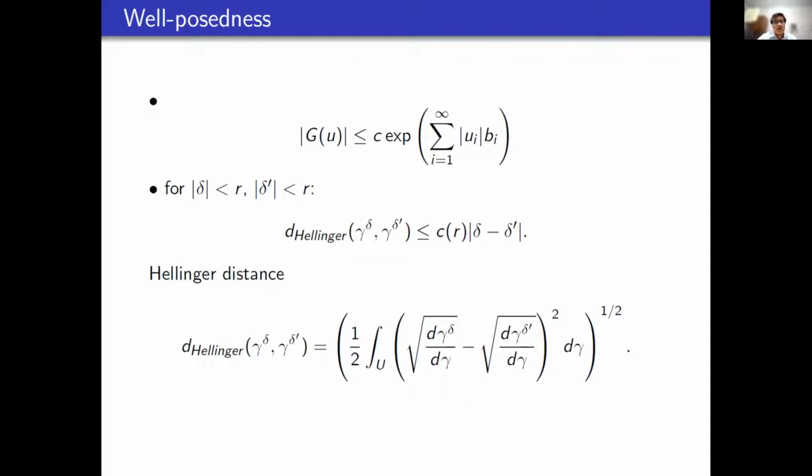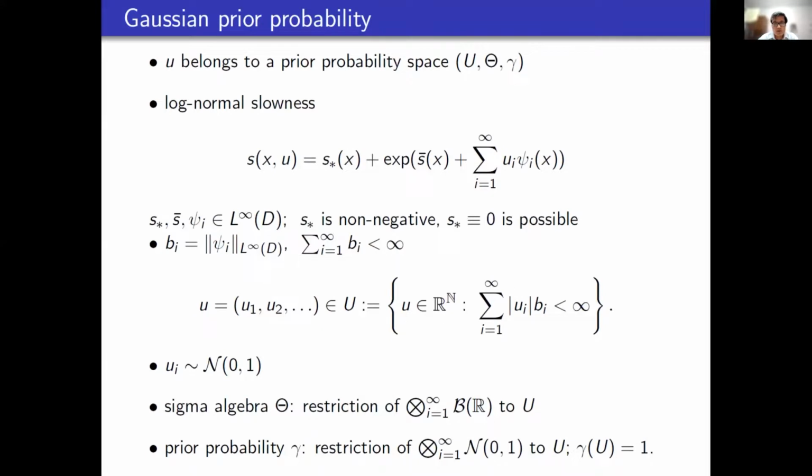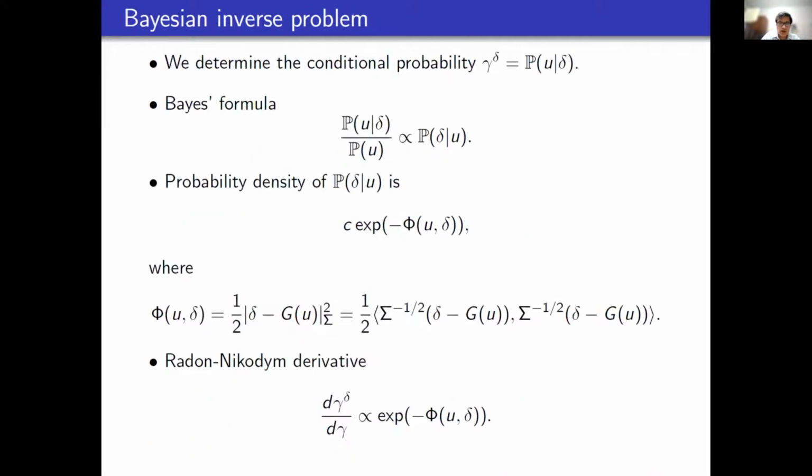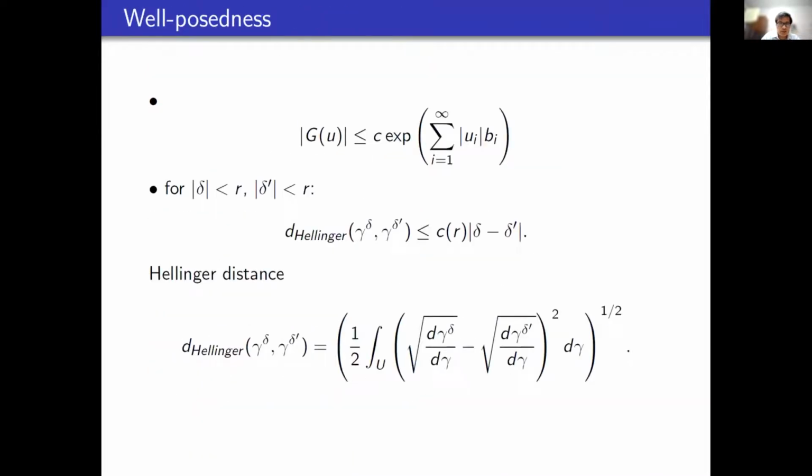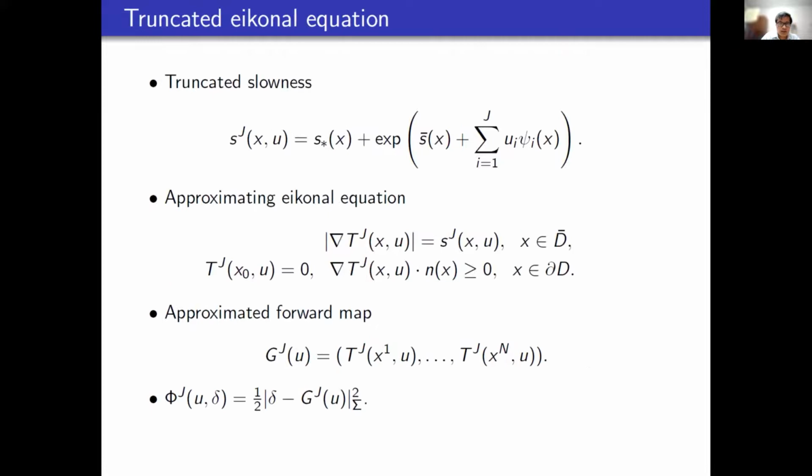So now let me talk about solving the forward equation. When we solve the forward equation, you need to find a way to compute this sum, and we can only handle a finite number of terms in this sum. So the first thing that we do is to just take a finite number of terms in the slowness.